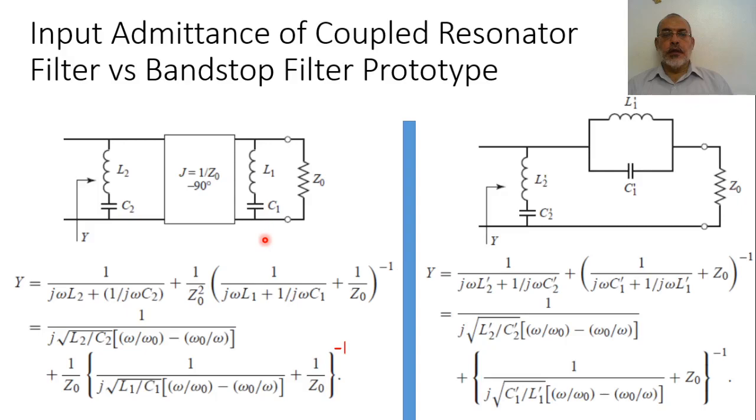On the other hand, if we are talking about the prototype filter for the band stop filter, it would have a series tank circuit composed of a parallel LC circuit, which is L1 C1, in parallel to another tank circuit composed of a series resonant circuit L2 C2.